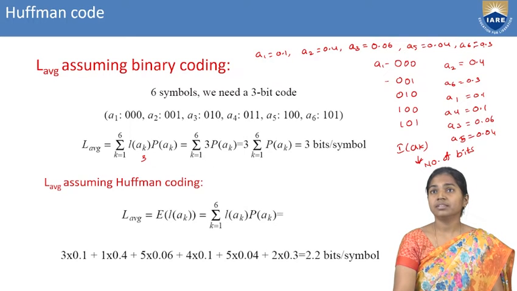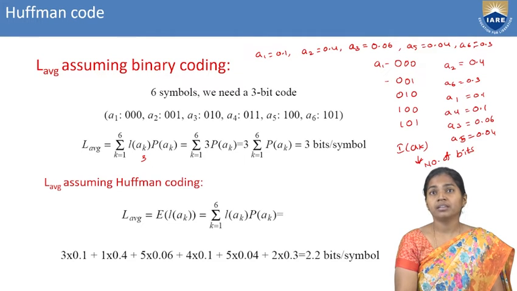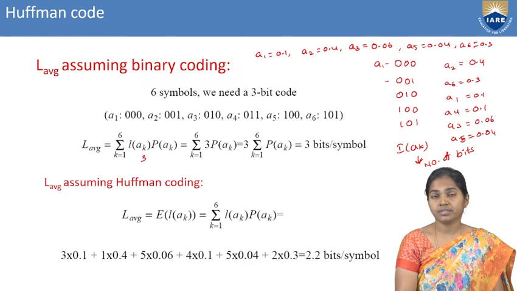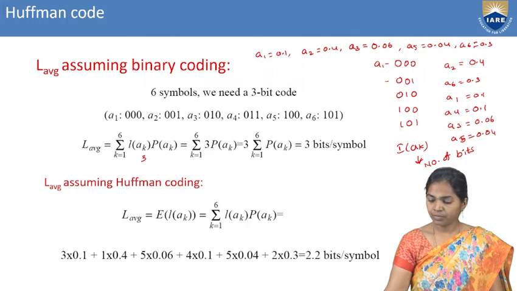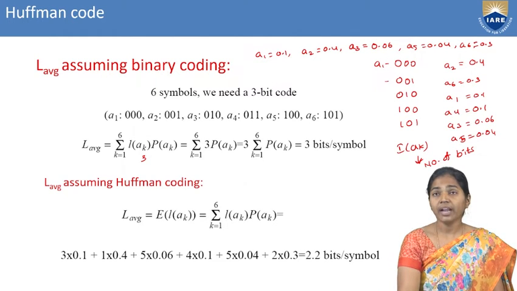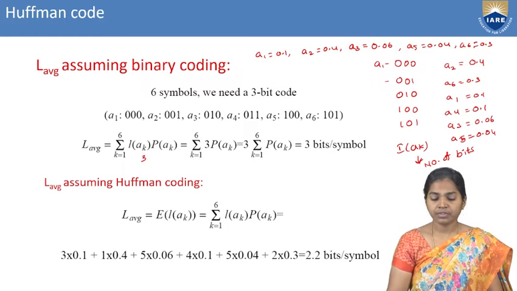So in this case we are using binary bits, equal length. For the representation of each and every symbol we are using 3 bits. Then I of AK is 3. P of AK is 3 into 0.1 plus 0.4 plus 0.06 plus 0.04 plus 0.3. So add all these values, then we are getting 1. So 3 into 1, here it is 3 only. So this is for binary code.